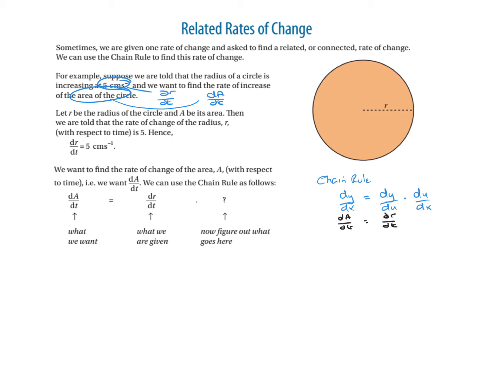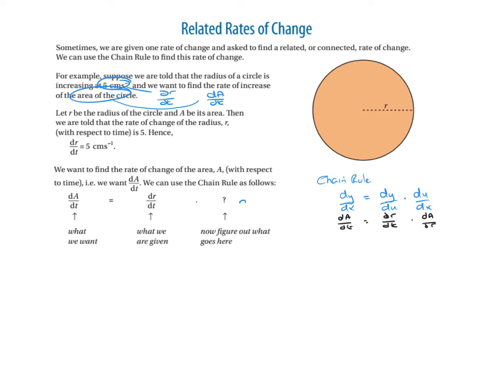Now we've got to figure out the next one, but we need to have an A on the top here, so the next one has to be dA over something, and notice we have the dt on the bottom here, so we have dA/dt, and this variable must be the same, so it must be dr, otherwise they will not cancel out. So we can see here, hopefully, that dA/dt must equal dr/dt times dA/dr on the other side here.